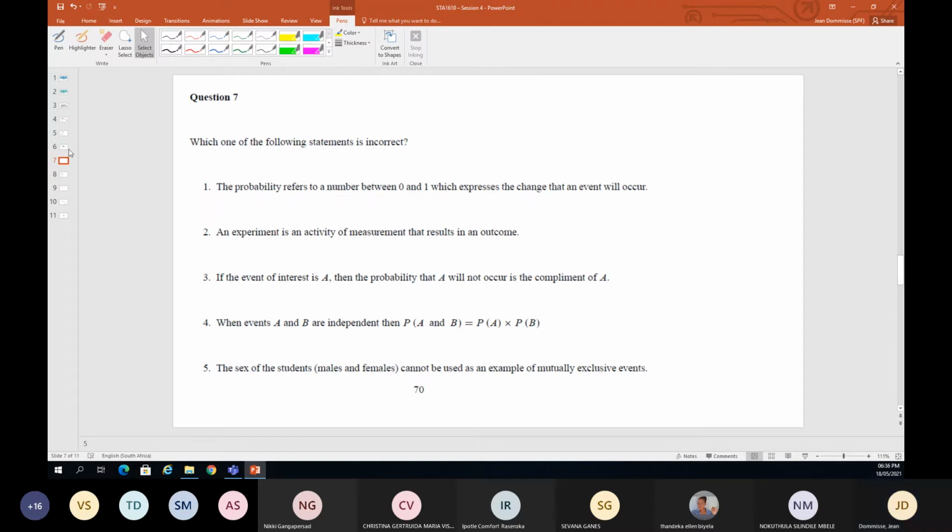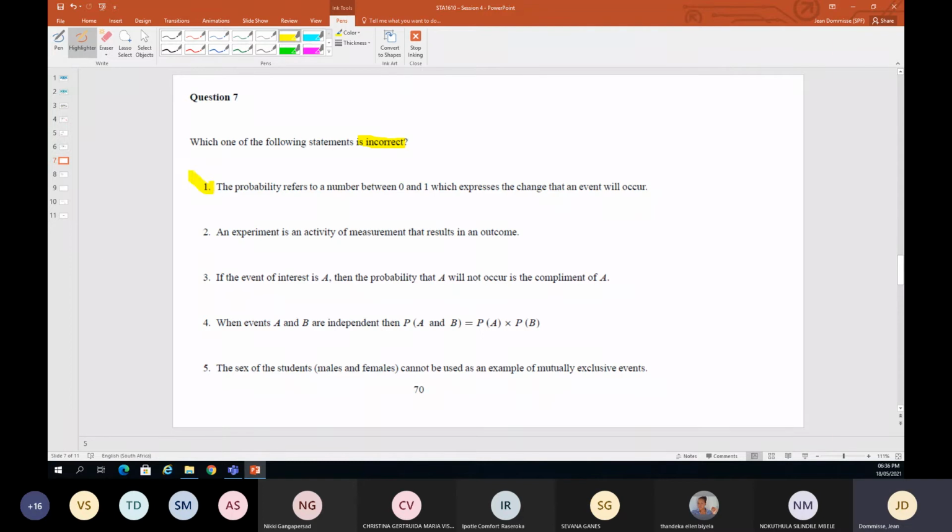So in the first or second slide, I showed a lot of definitions. Let's see out of these ones what is correct and what is incorrect. Again, we're looking for the incorrect one. The probability refers to a number between 0 and 1, which expresses the chance that an event will occur.